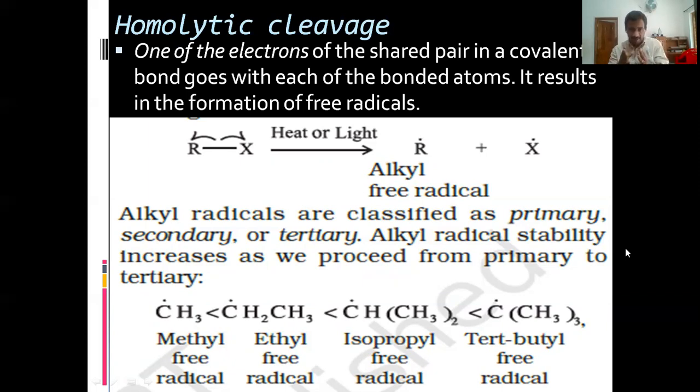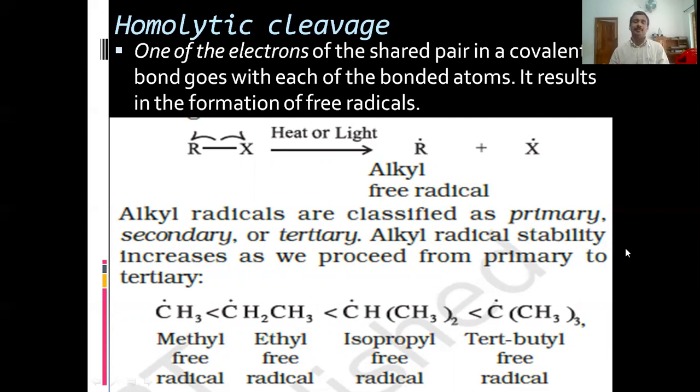It will break, and that bond cleavage will be a homolytic cleavage. Of the bonded pair of electrons, one will go to the alkyl group and the other one will go to the halogen. So we will get two free radicals, an alkyl free radical and a halogen free radical.